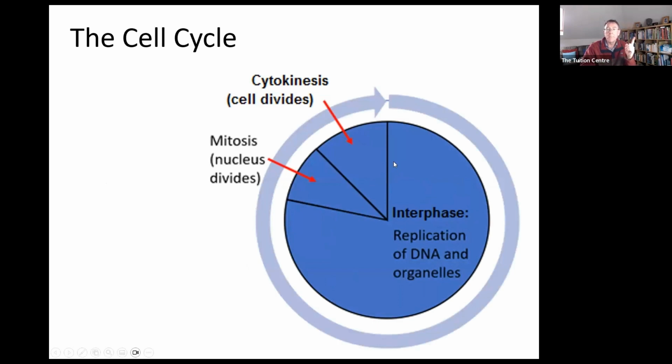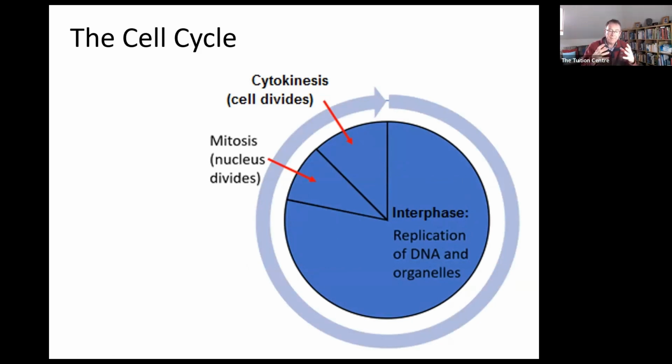However, one important thing to answer the question I was just asking: one important part of interphase is that at some stage towards the end of interphase, there's going to be a replication of DNA event. What that means is all the DNA is going to be copied. And now we start to be able to make sense of what's going on.